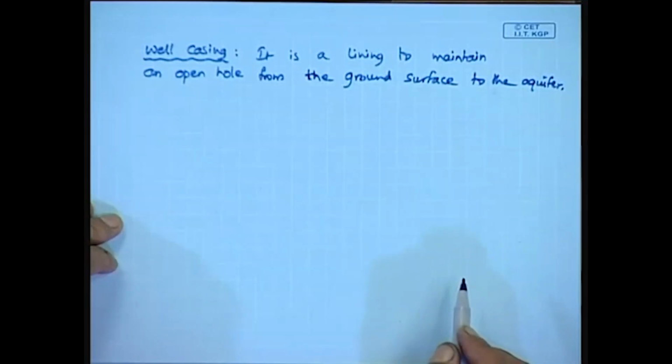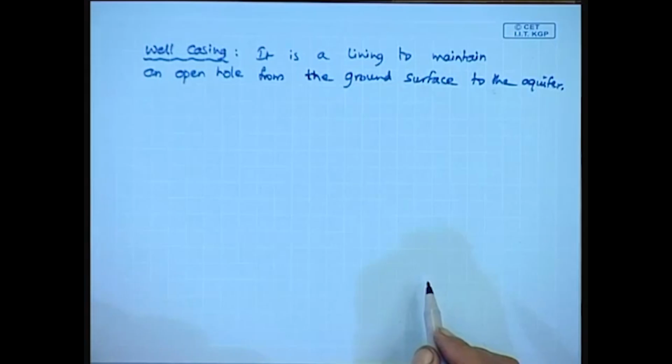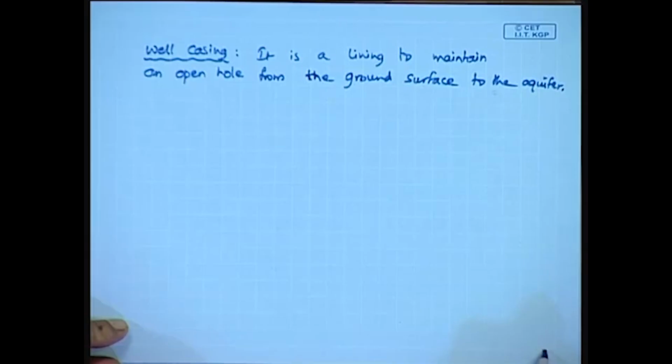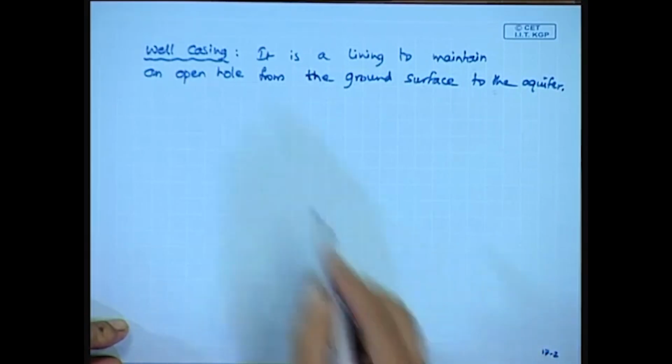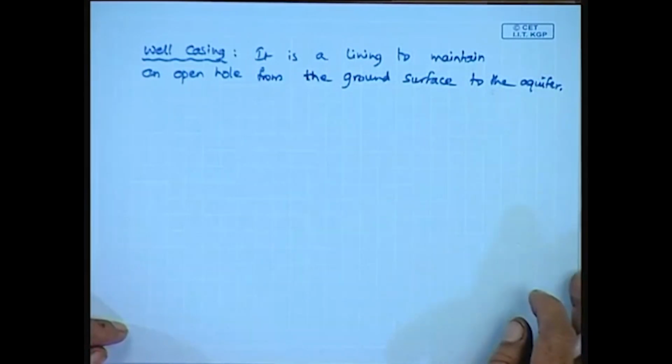Basically, some cover is provided, so that this is the open hole from the ground surface. Unless we ensure a continuous supply of groundwater, the well will not serve its purpose.